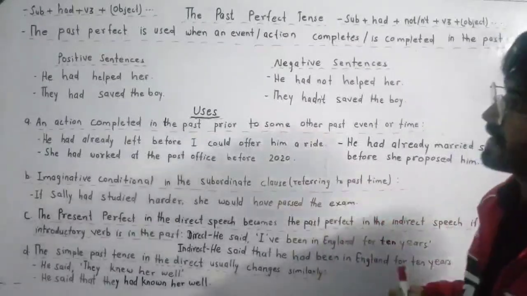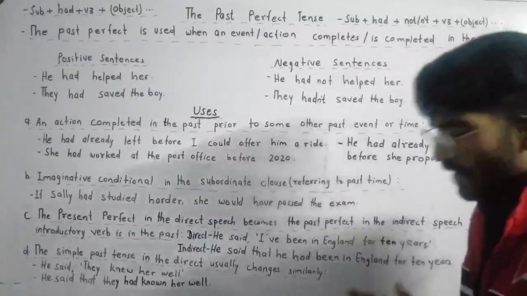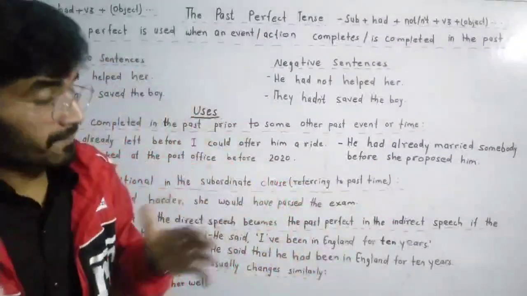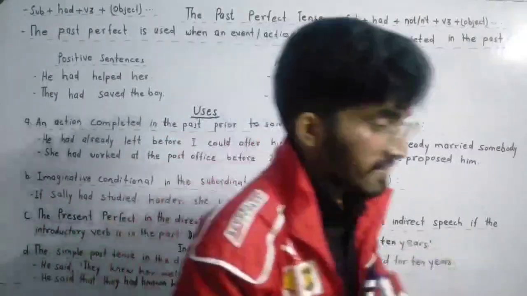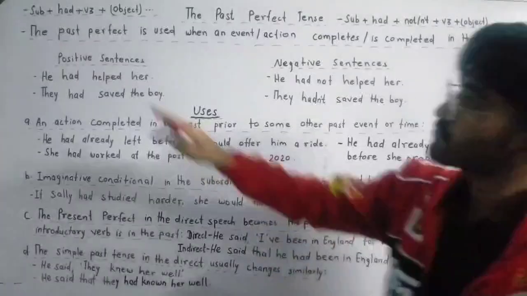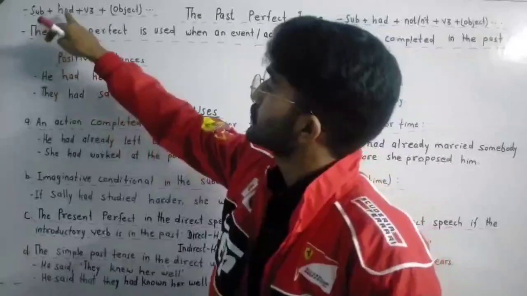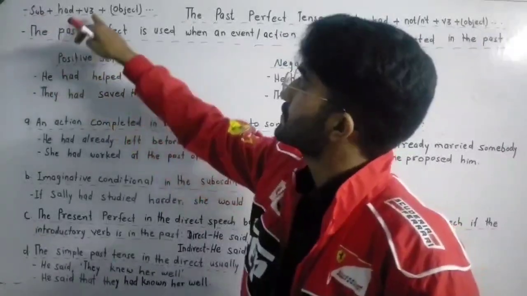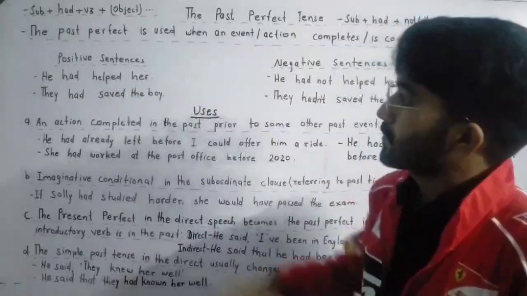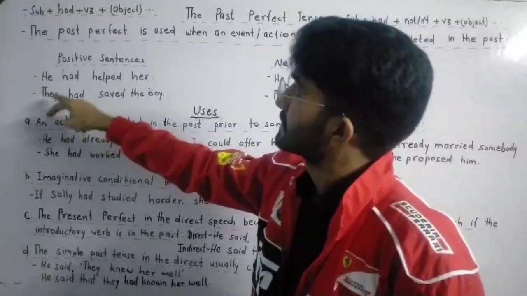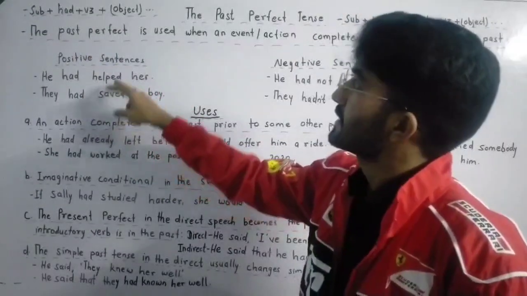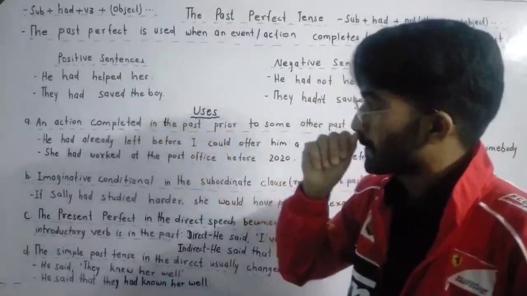So let's talk about some positive sentences. How can we form past perfect positive sentences? Let's understand through examples. We use subject, had, verb 3, then object. For example, they had saved the boy.